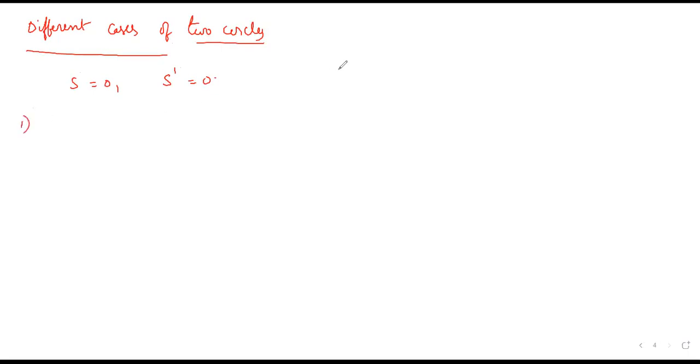First one, the two circles may be far away, meaning neither intersecting nor touching.